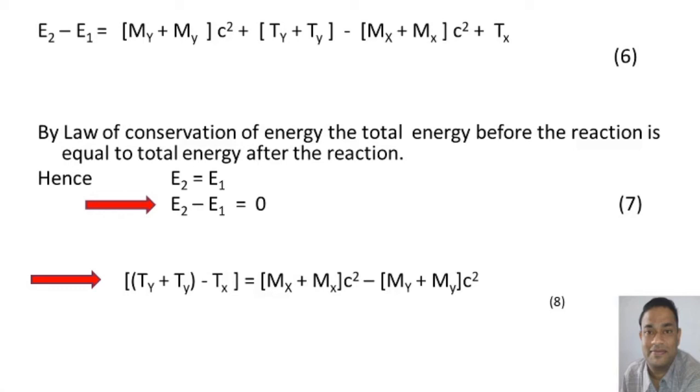Now look at expression 8 and remember expression 3. The left hand side is nothing but the difference between the kinetic energy after the nuclear reaction and the kinetic energy before the nuclear reaction. So the left hand side in equation 8 is nothing but the Q value of the nuclear reaction.